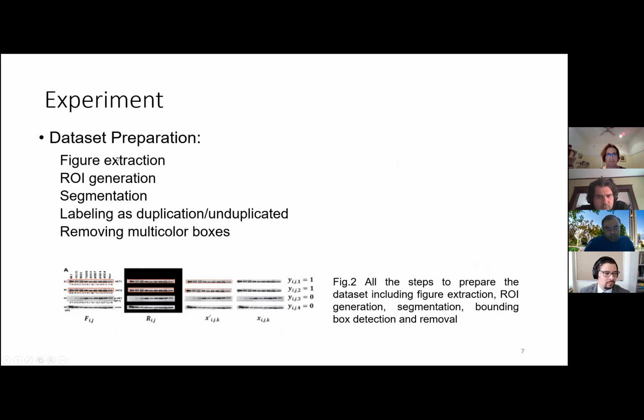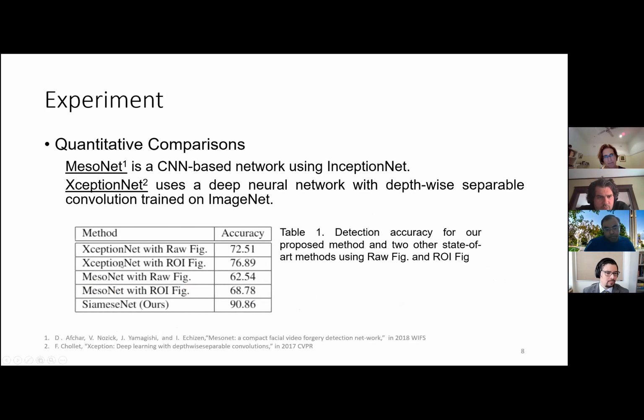Okay, so our task was to go through all of these: figure extraction, the ROI generation, segmentation, the labeling, as I mentioned, and a number of pre-processing steps. And then we evaluated this method versus a number of other methods that have been used for duplication detection. And we get a pretty significant bump in performance, depending upon how we do the pre-processing.